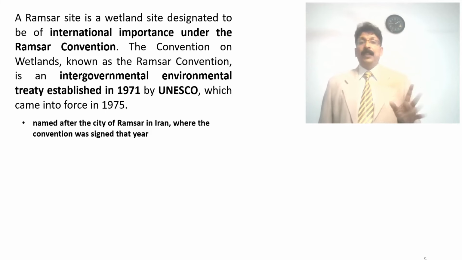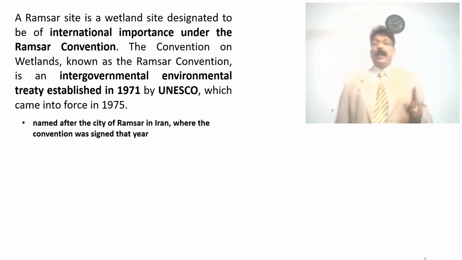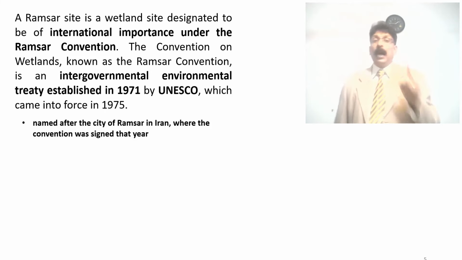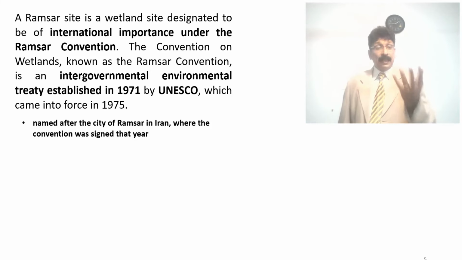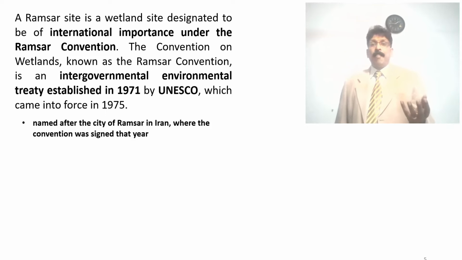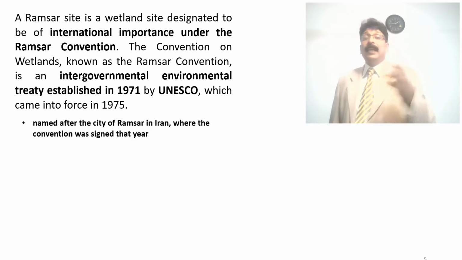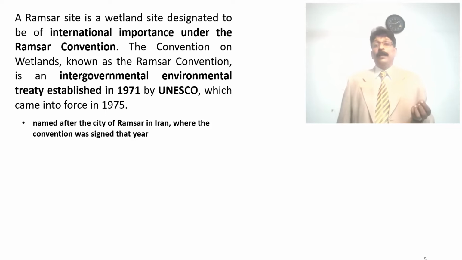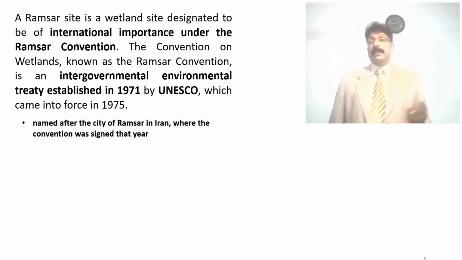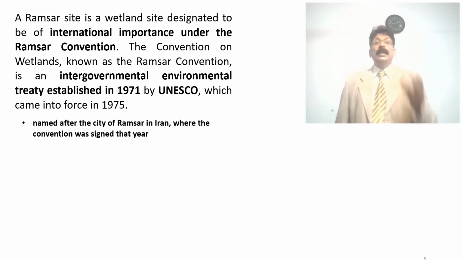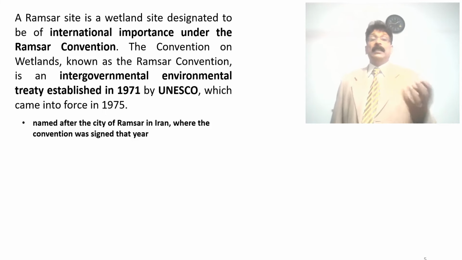The name, as I told, is after the city of Ramsar in Iran, where the convention meeting was signed in 1971 by UNESCO. So they gave the name Ramsar site.